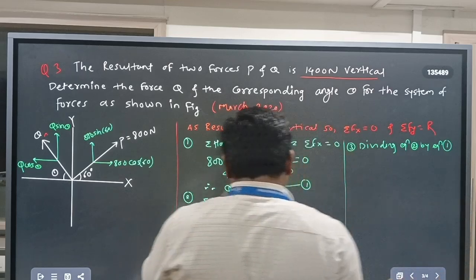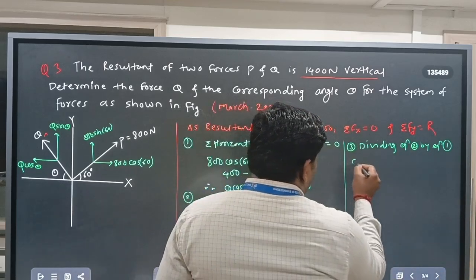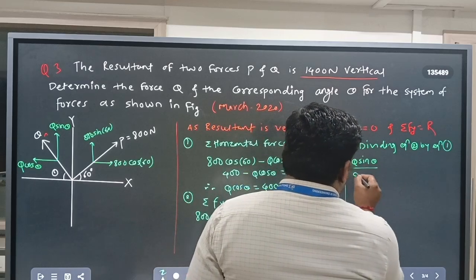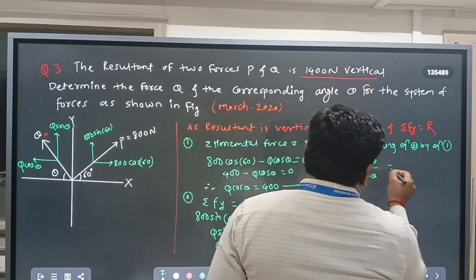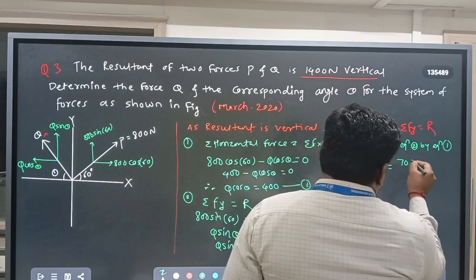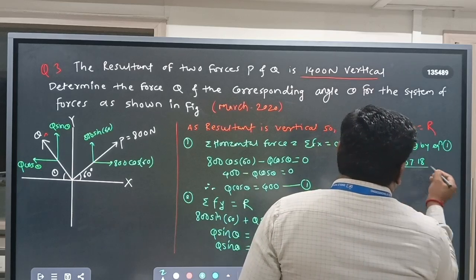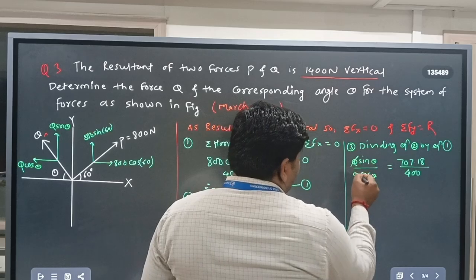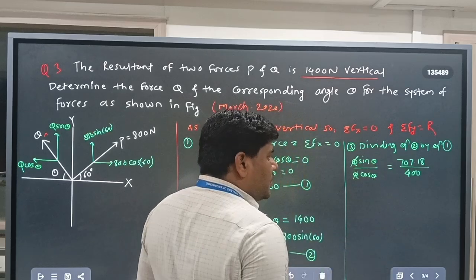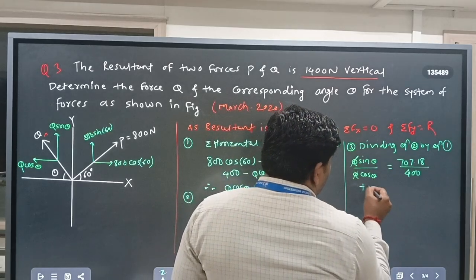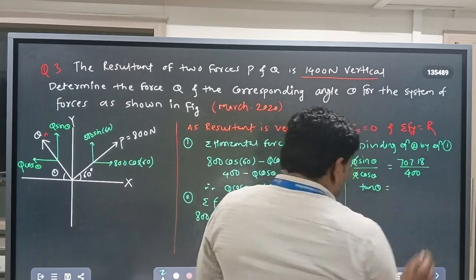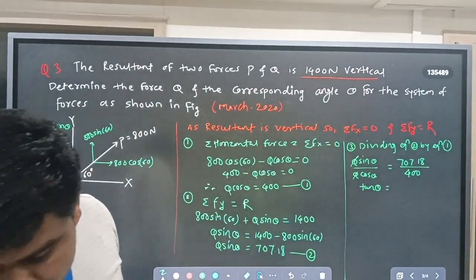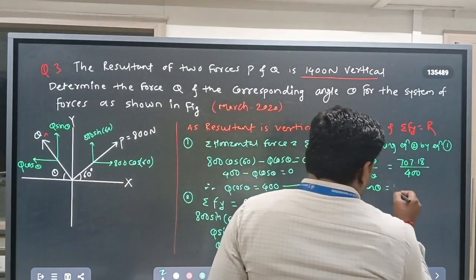So equation 2 is Q sin theta upon Q cos theta equal to 707.18 divided by 400. So Q gets cancelled. Sin upon cos is tan theta. Okay, so tan theta is equal to 707.18 over 400, and that value comes to 1.768.